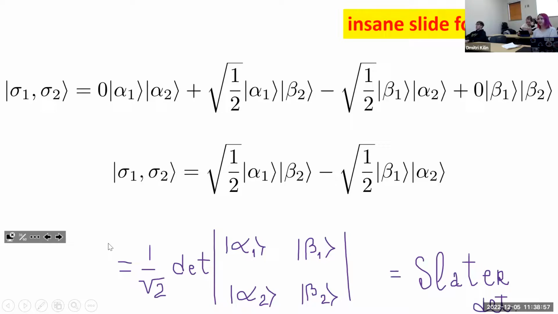If we write down the symbols alpha 1, alpha 2, beta 1, beta 2 in the form of a matrix and take a determinant, so main diagonal minus off diagonal: alpha 1, beta 2 minus beta 1, alpha 2. If one flips it, the answer will be the same. Right? And 1 over square root of 2 in front.